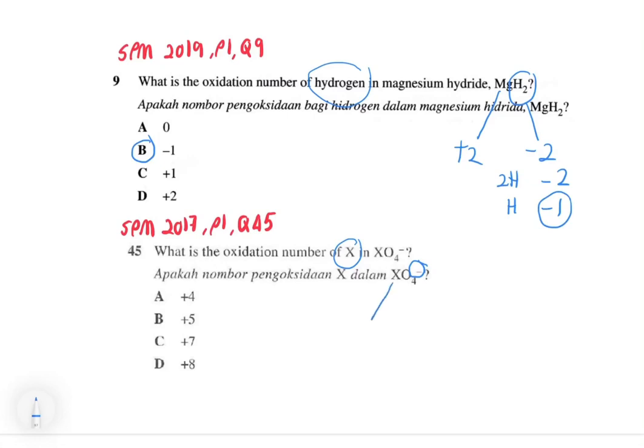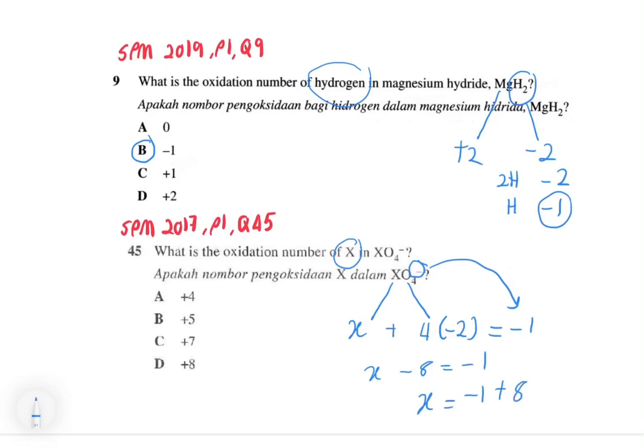So whatever the oxidation number of X is, I'm going to give X, plus 4 times the oxidation number of oxygen, which is -2, and equals the charge of the polyatomic ion, which is -1. So X minus 8 equals -1. So the oxidation number of X is -1 plus 8, which equals +7. So the answer is C.